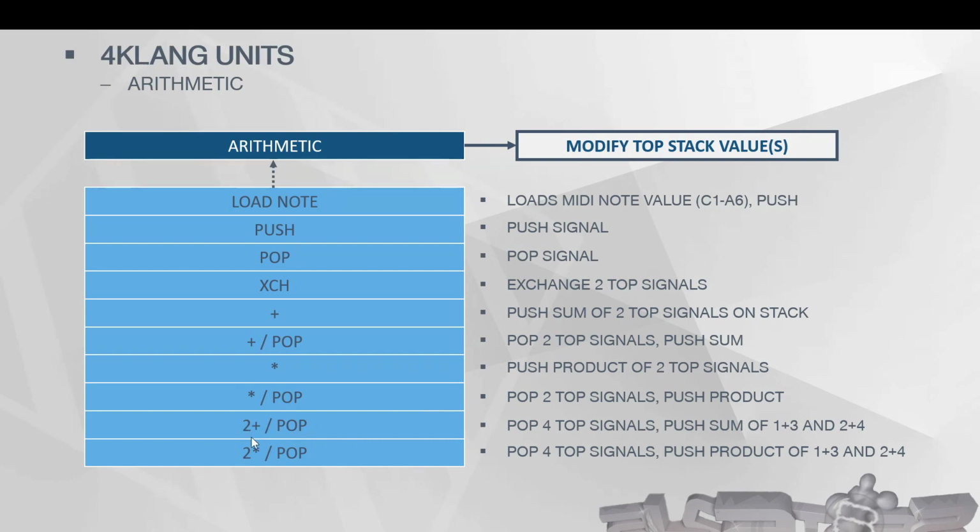For the 2 plus and the 2 multiplication, this is basically used if you have stereo signals. So you see this by default on the global instrument, but it is also used if you are using stereo oscillators.